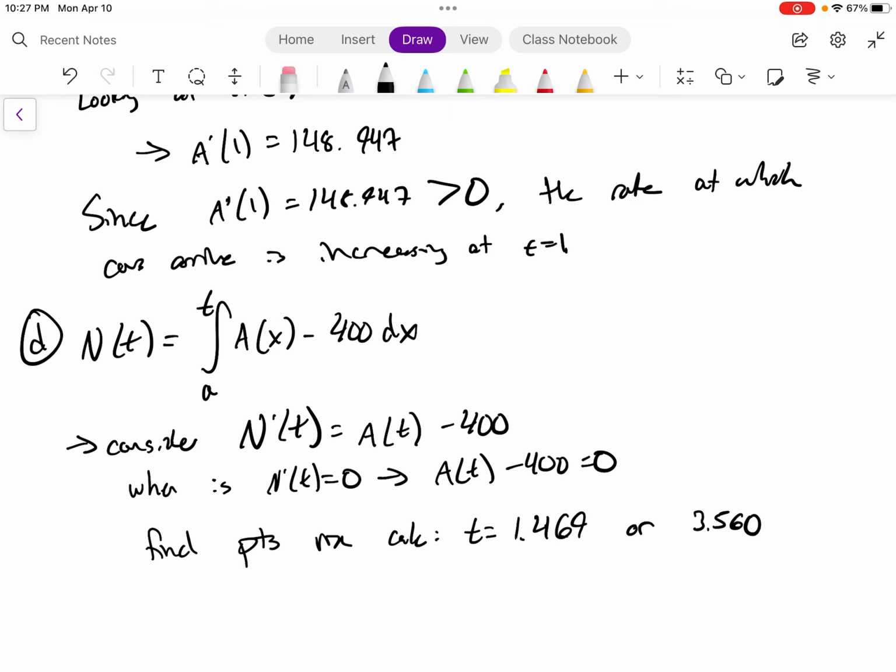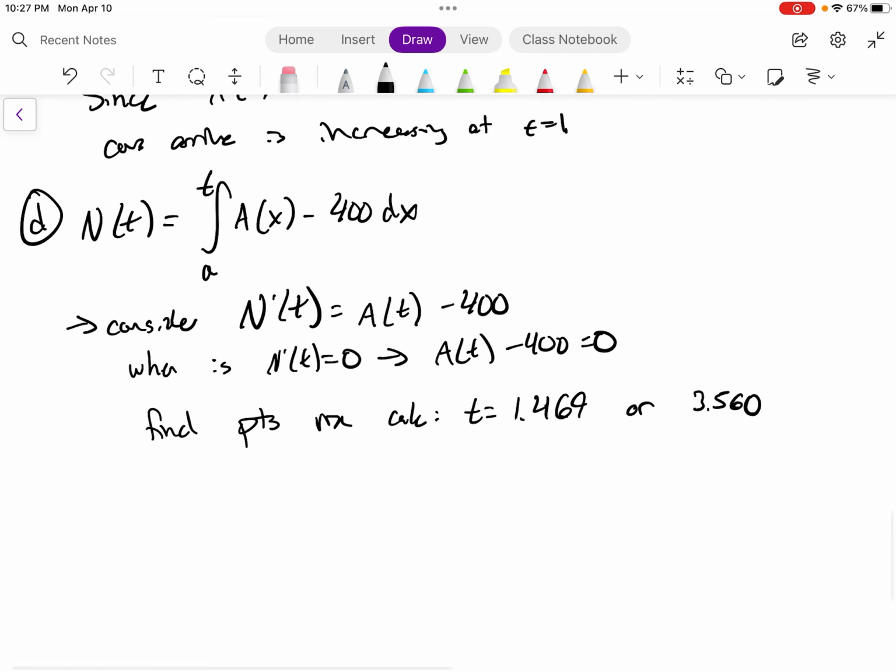And then our goal is to look at the boundaries and find out how many cars are in line. We need to consider the boundary points, which are A, which is 1.469.